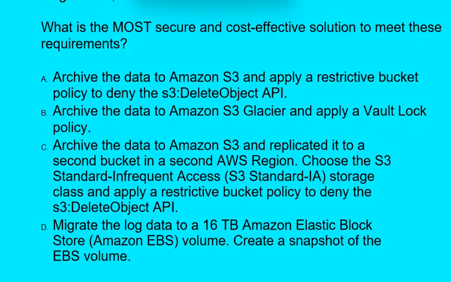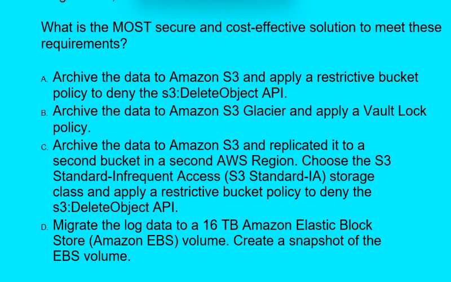Option A, archive the data to Amazon S3 and apply a restrictive bucket policy to deny the S3 DeleteObject API. Option B, archive the data to Amazon S3 Glacier and apply a vault lock policy. Option C, archive the data to Amazon S3 and replicate it to a second bucket in a second AWS region.